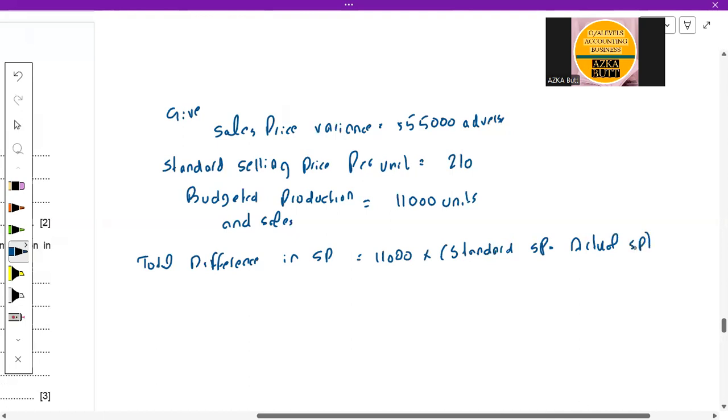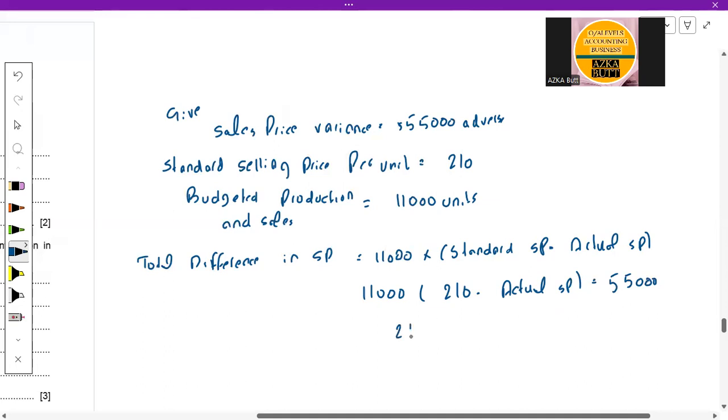So if you do this, 11,000 times (210 minus actual selling price) is equal to 55,000. So now let's solve for the actual selling price.